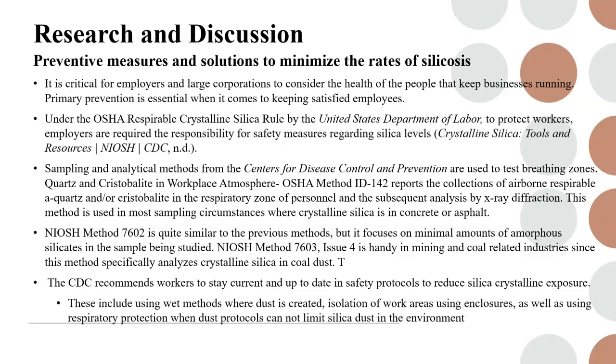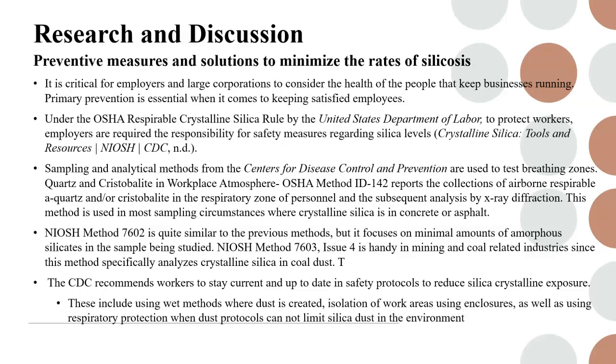Preventive measures and solutions to minimize the rate of silicosis. It is critical for employers in large corporations to consider the health of their people, especially when it comes to these intense labor jobs. These methods are all likely similar, but some specialize heavier in certain aspects compared to other methods like coal and amorphous when it comes to the NIOSH method 7602.